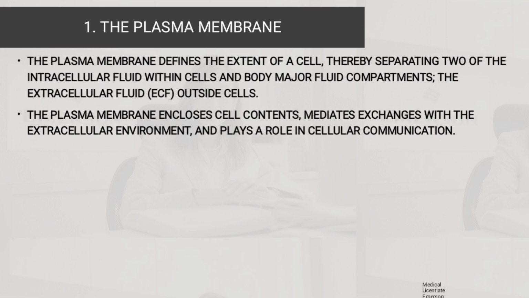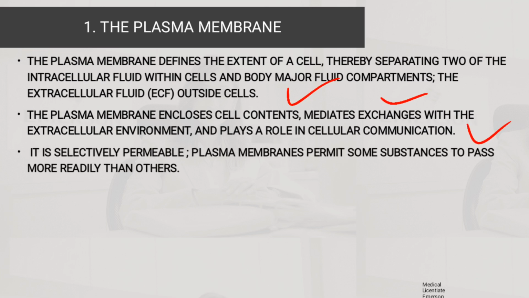The plasma membrane encloses cell contents, mediates exchanges with the extracellular environment, and plays a role in cellular communication. It is selectively permeable, which permits some substances to pass more readily than others.